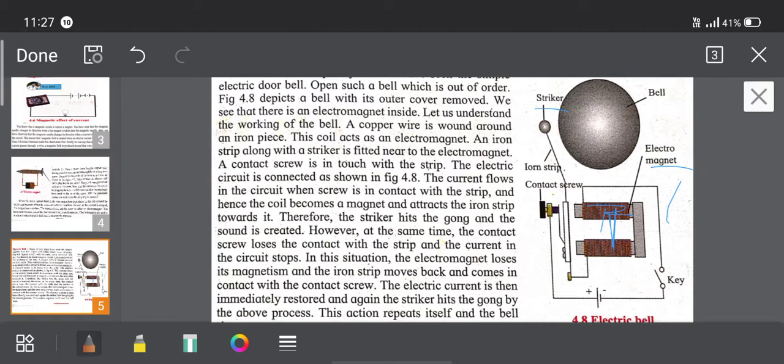A contact screw is in touch with this strip. So this is the contact screw, in touch with this iron strip or striker.